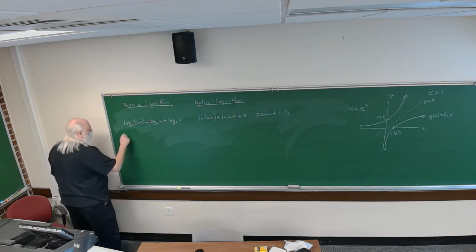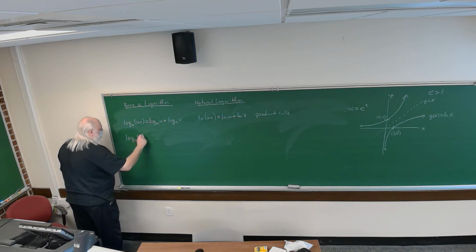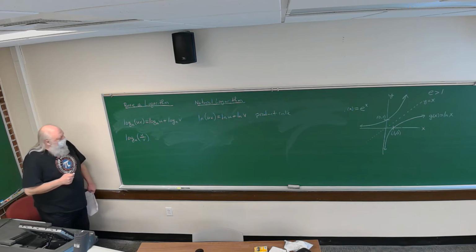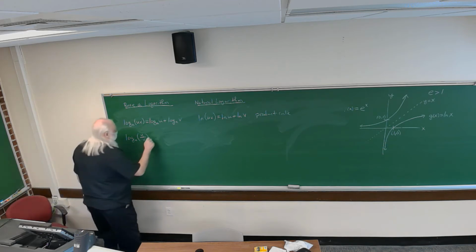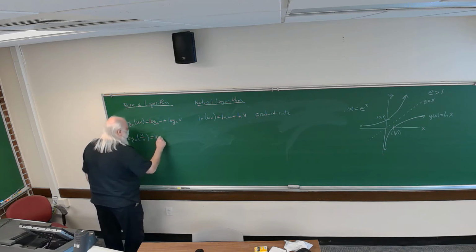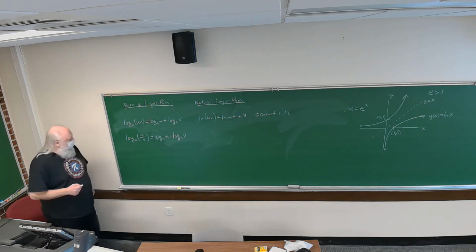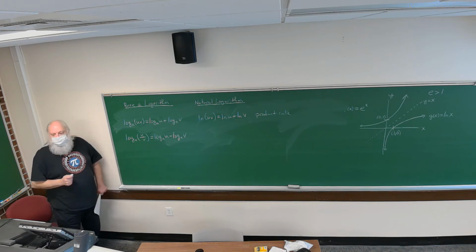Then the second rule has to deal with fractions. If I had the fraction u over v, log base A of u over v is equal to the log of the numerator minus the log of the denominator. So I can split this log of a fraction into a difference.